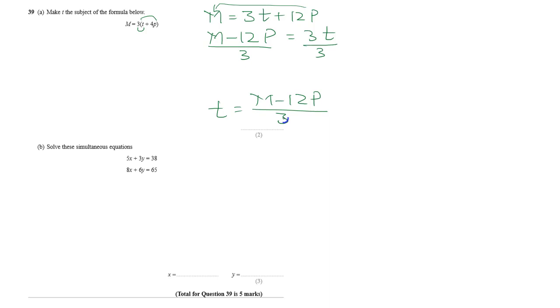Solve the simultaneous equation. When you solve, you check this is 5 and this is 5, this is 8, this one is 3, this is 6.